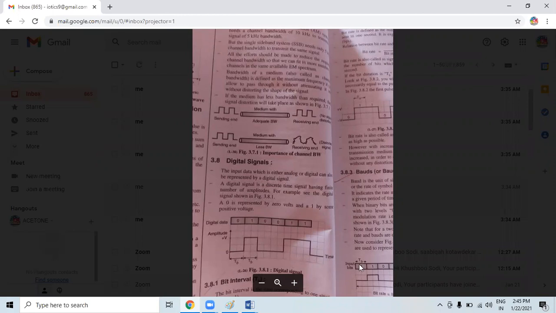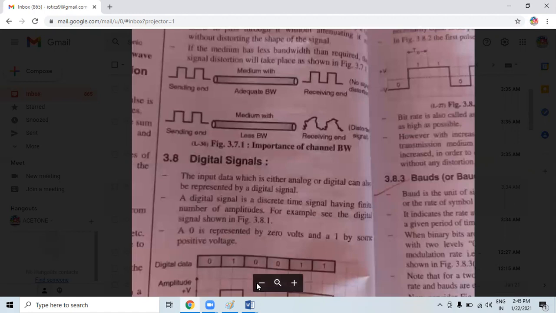We already discussed this, right? Here in the digital signal, a 0 is represented as 0 voltage, and a 1 as a positive voltage. Digital signals are 0 1 0 1.